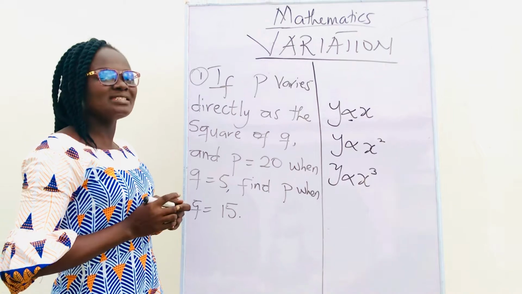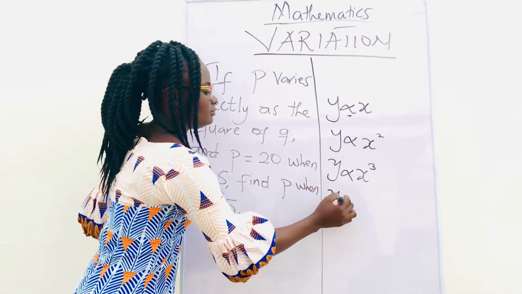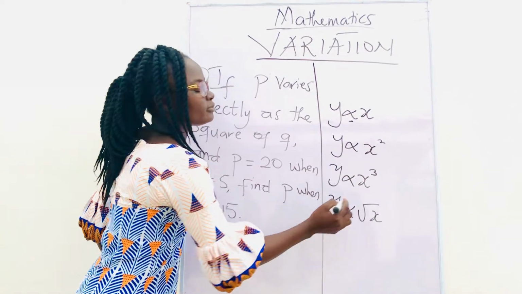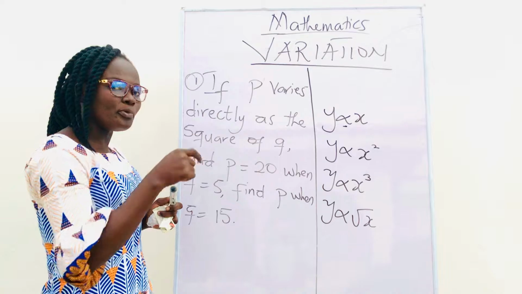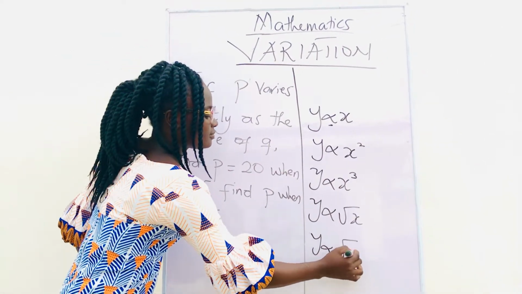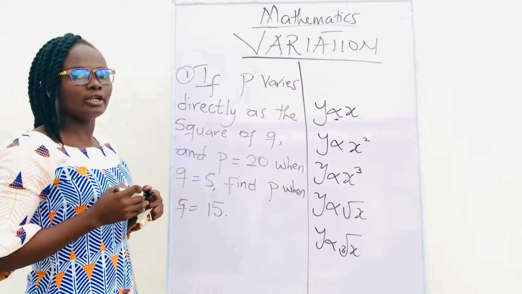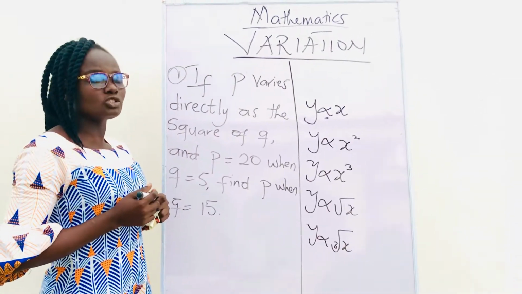Y varies as the square root of x. Y varies directly as the cube root of x. And on and on and on. So these are some basic things I want you to take note of.